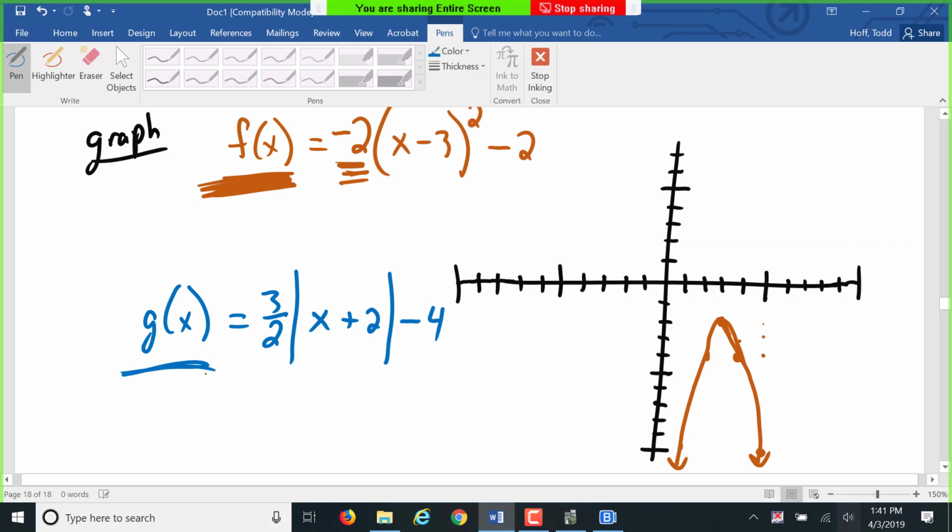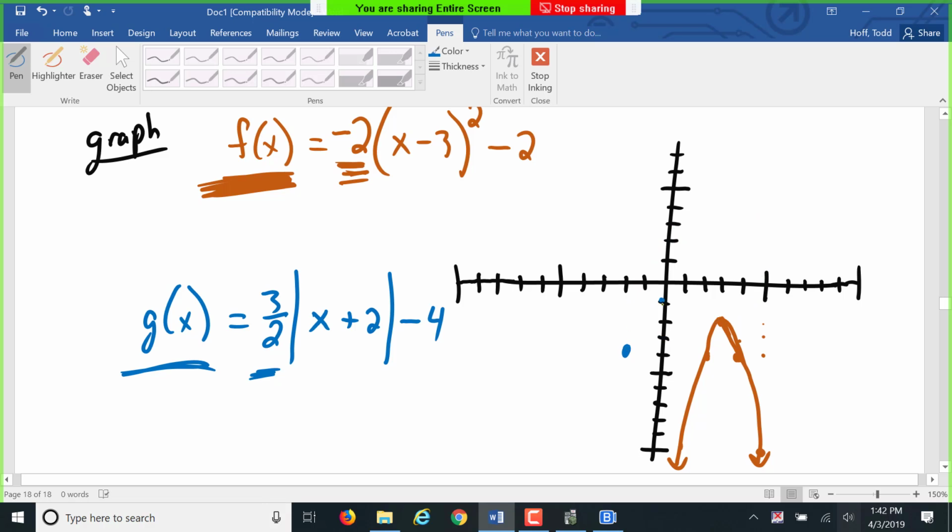For g of x, what shape is it? The v, right? The absolute value v. Where's the vertex for this one going to be? Negative 2, negative 4. Very good, right there. Is it going to open up or down? Up. This is a positive 3/2. On this side, what slope is it going to have? 3 over 2.